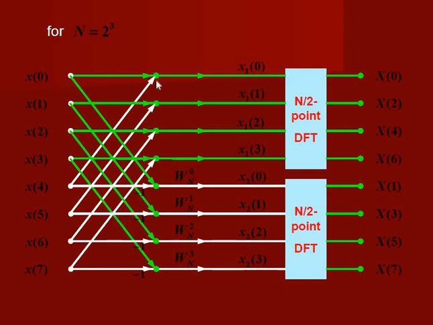So here we are getting the separations. As this is the first cross, so first data, second data, third data, fourth data, fifth data, sixth data, seventh data, eighth data. And we have to multiply W0N, W1N, W2N, W3N. Again, remember the twiddle factors in proper sense are not changing.